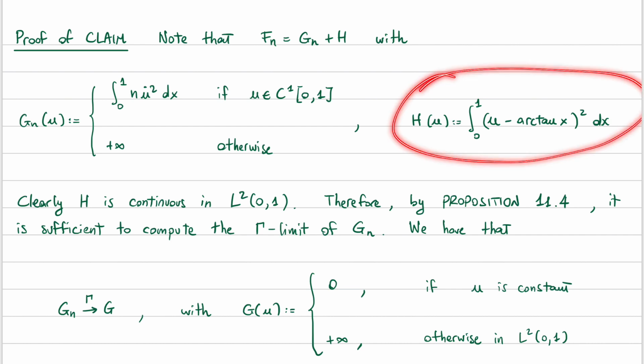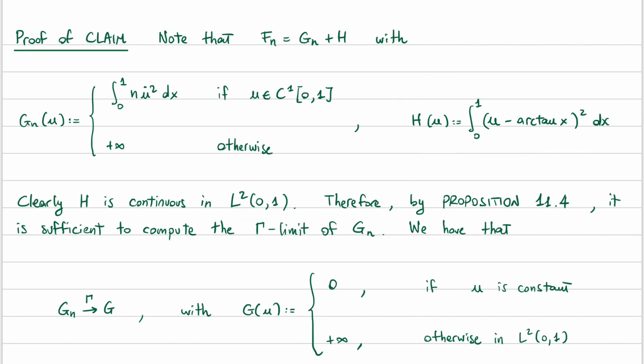Clearly h is continuous in L2, and therefore by Proposition 11.4, the one on stability, it is sufficient to compute the gamma limit of Gn. So we claim that Gn gamma converges to G, where G is defined to be 0 if u is constant, and plus infinity otherwise in L2 of (0,1). So G, capital G, is just the gamma limit of this guy here.